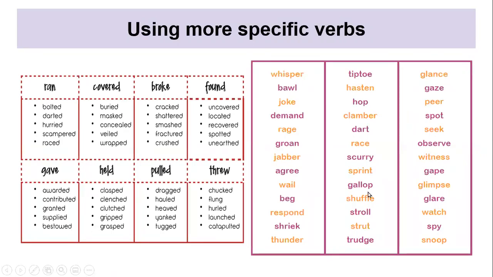Also another table here with lots more interesting verbs that you could use. So different ways of speaking, different ways of moving, different ways of looking. Okay, you might want to make a note of those for yourself. They might be handy, or you can come back to this slide if you need it later.